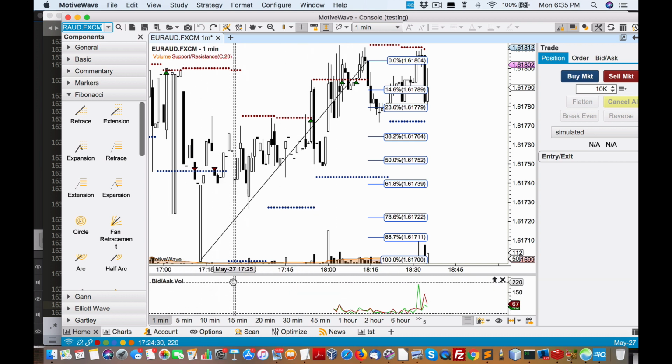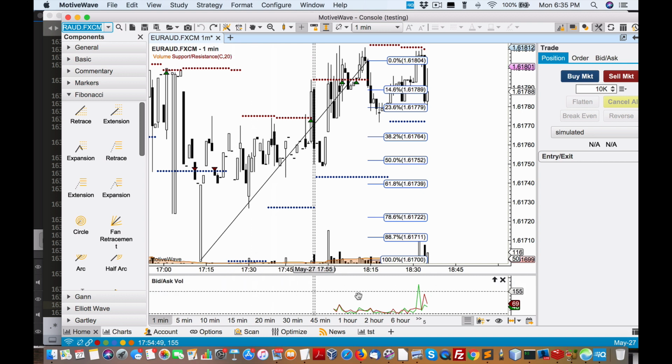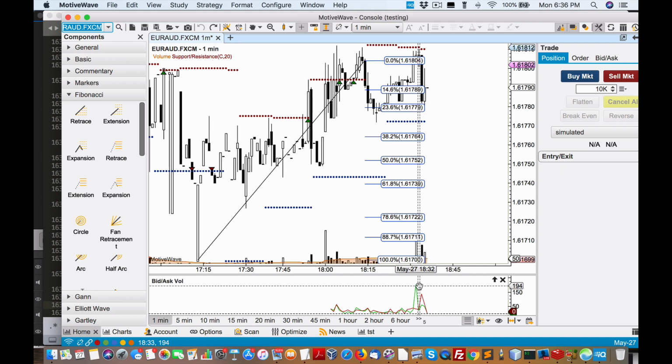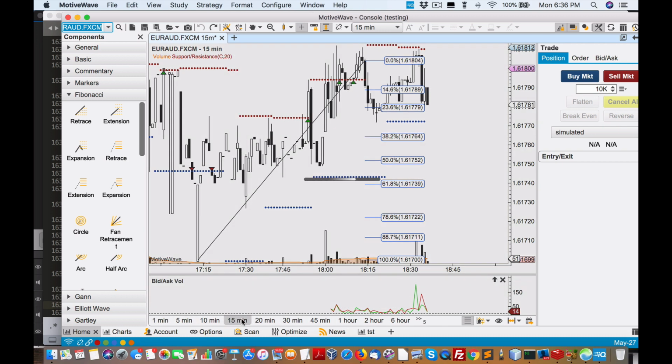Just looking at this, the only way we can measure it is by just using the bid-ask crosses, and once that ask starts to drop, that's when you get out of the trade. Interesting. So let me see if I can time it around 15-minute data.